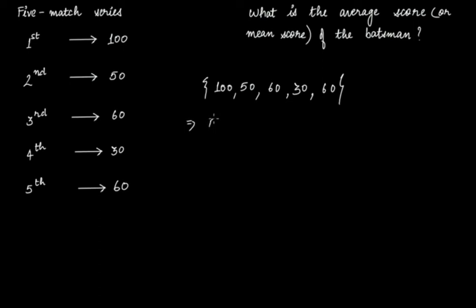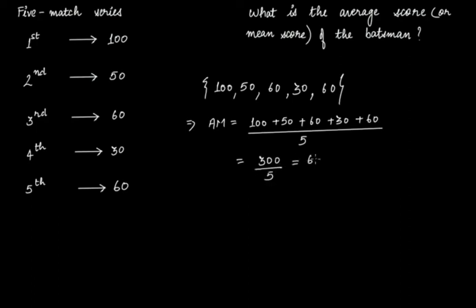So if I calculate arithmetic mean of this data set, this is 100 plus 50 plus 60 plus 30 and then again 60, and you divide it by 5. 100 plus 50 is 150, plus 60 is 210, plus 30 is 240, plus 60 is 300. So 300 divided by 5, this will be 60, that is 60 runs.